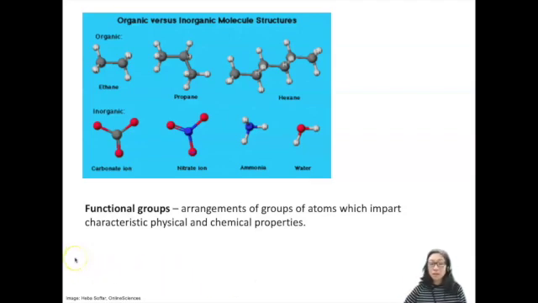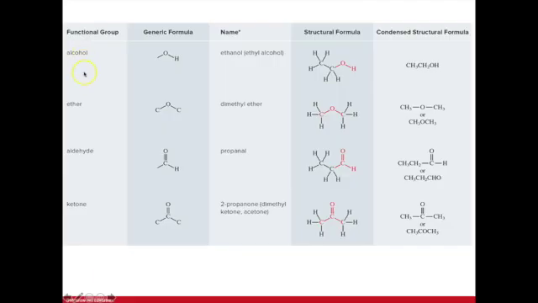And so it's the one that stands out, and we'll be looking at the functional groups that are common in organic molecules. There are 7 main functional groups that we'll be focusing on. These have different atoms like an oxygen or a nitrogen, or a double bond or a lone pair of electrons.